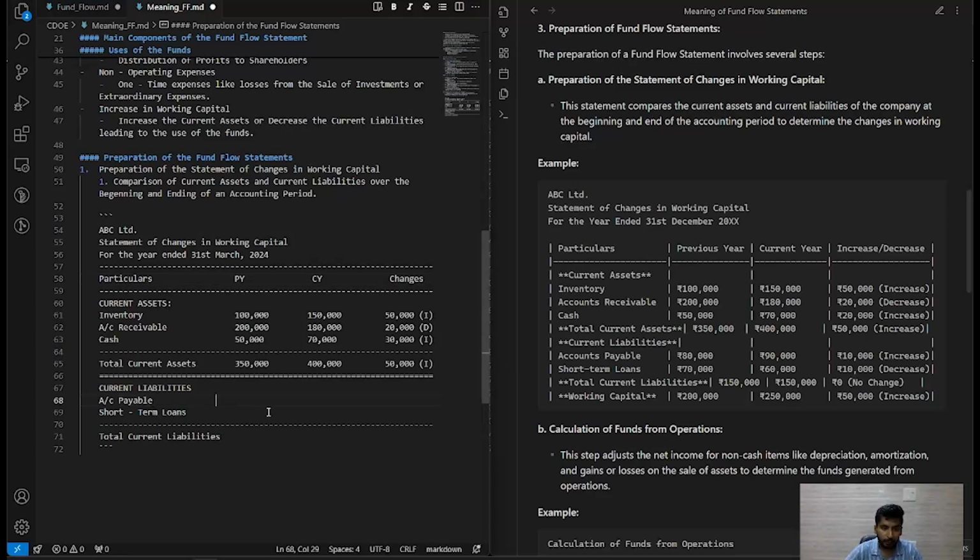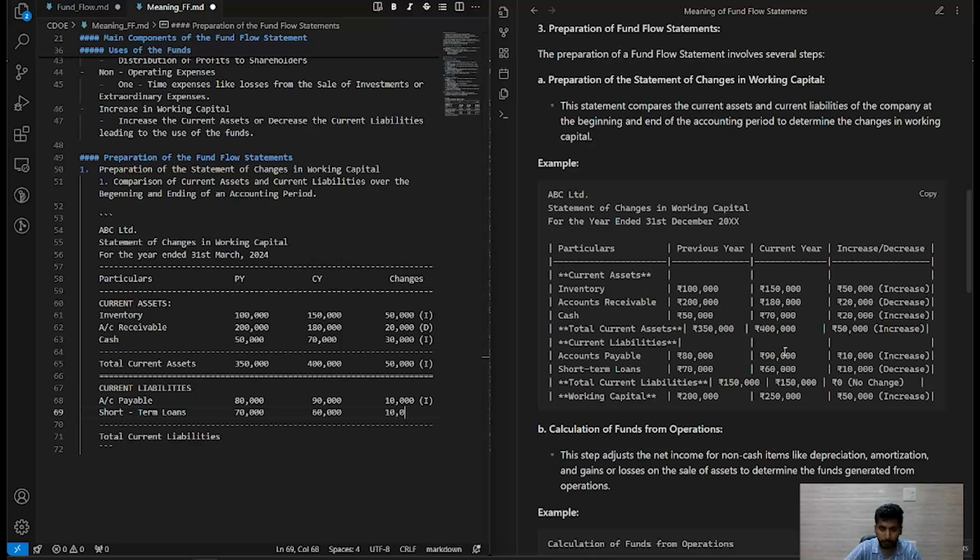Here, the accounts payable is 80,000 in the previous year and 90,000 in the current year, making it a 10,000 increase. For the short-term loans, again 70,000 in the previous year and 60,000 in the current year.